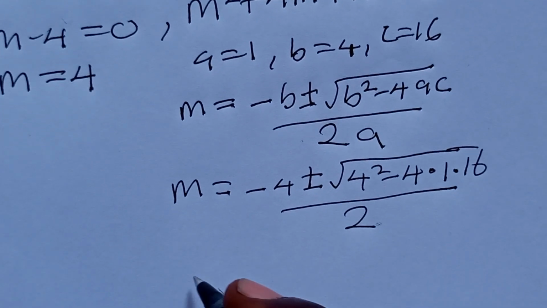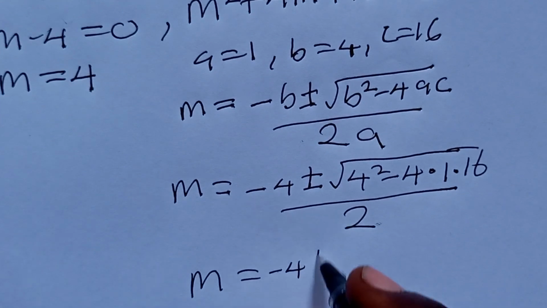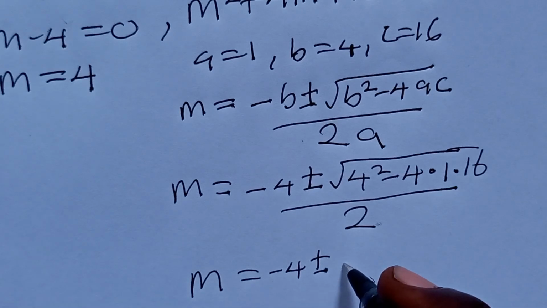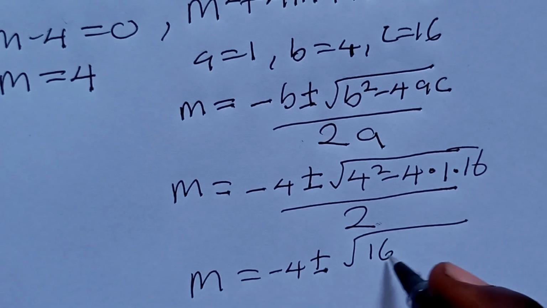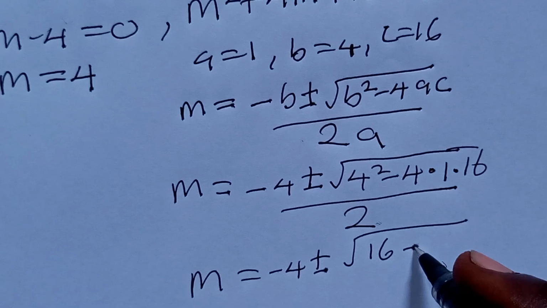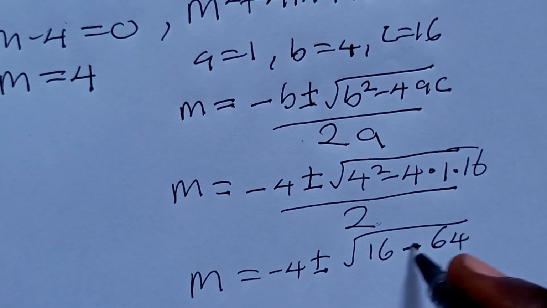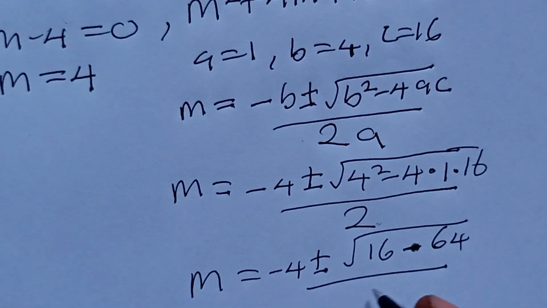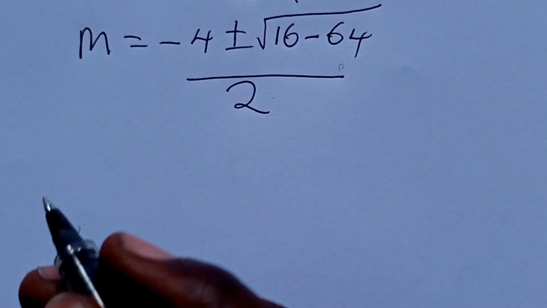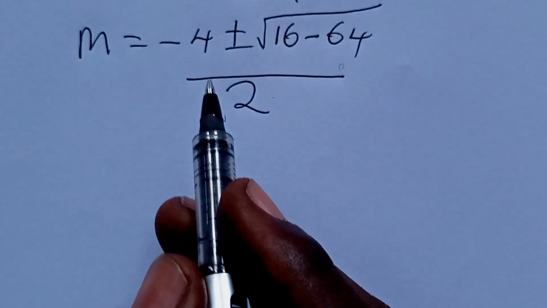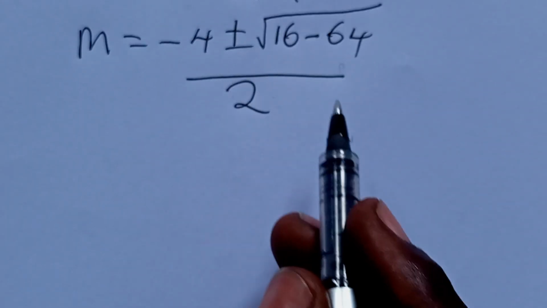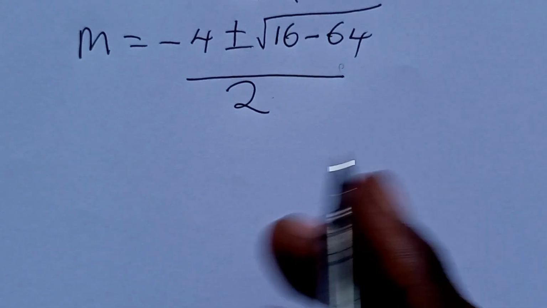So our m is going to be minus 4 plus or minus the root of 16 minus 4 times 16, which is going to give us 64, all divided by 2. So we have m as minus 4 plus or minus the root of 16 minus 64 over 2.